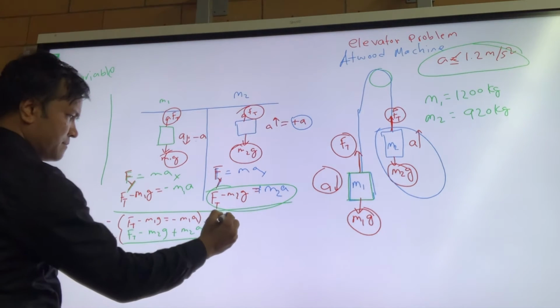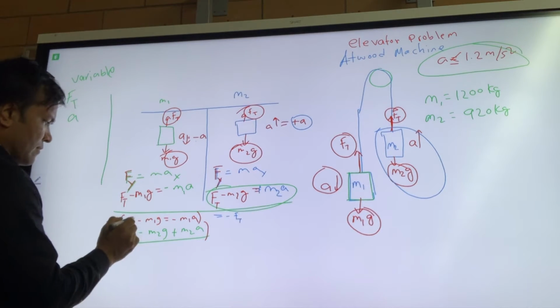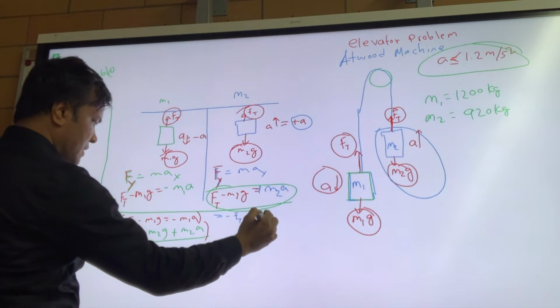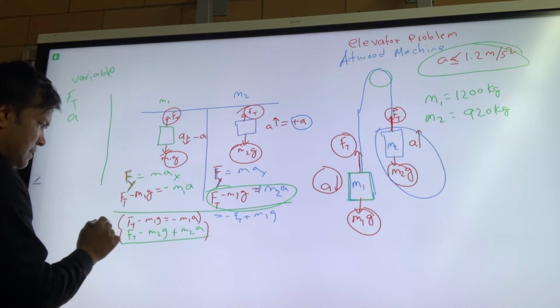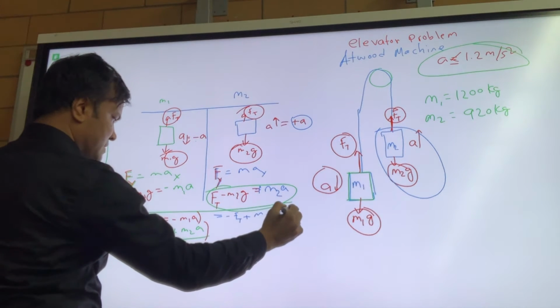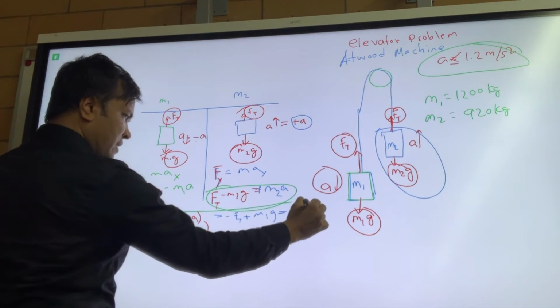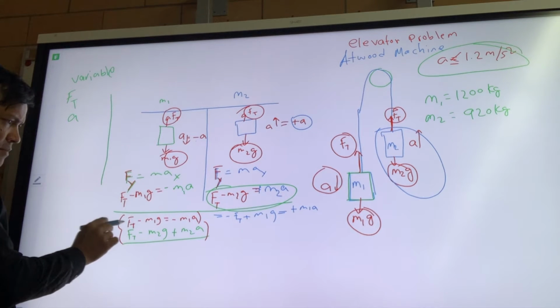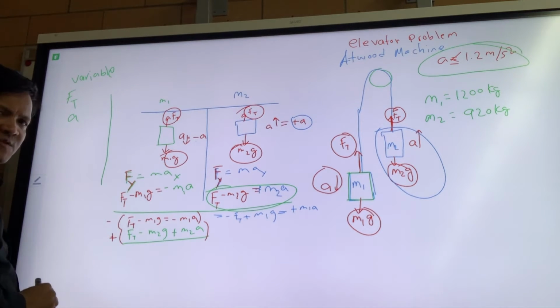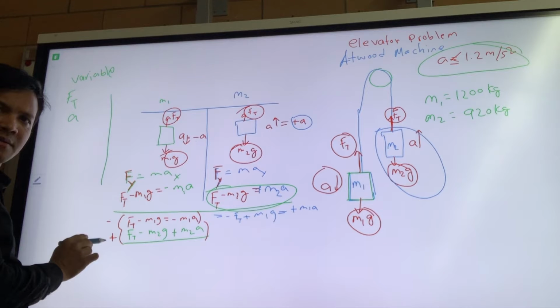Negative Ft, positive M1g, is equal to positive M1a. Okay, so I multiply by negative across. Now I'm going to multiply it by positive.